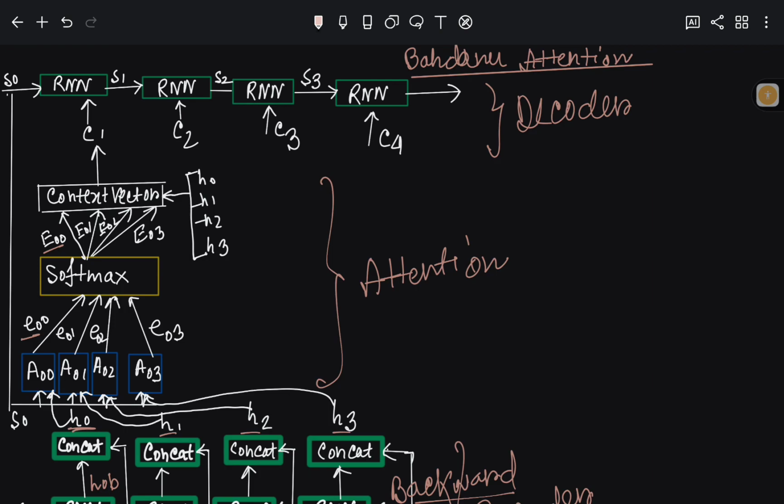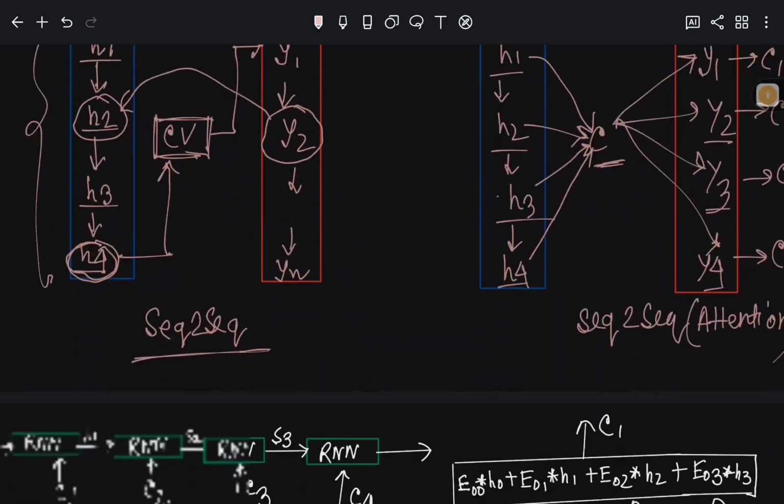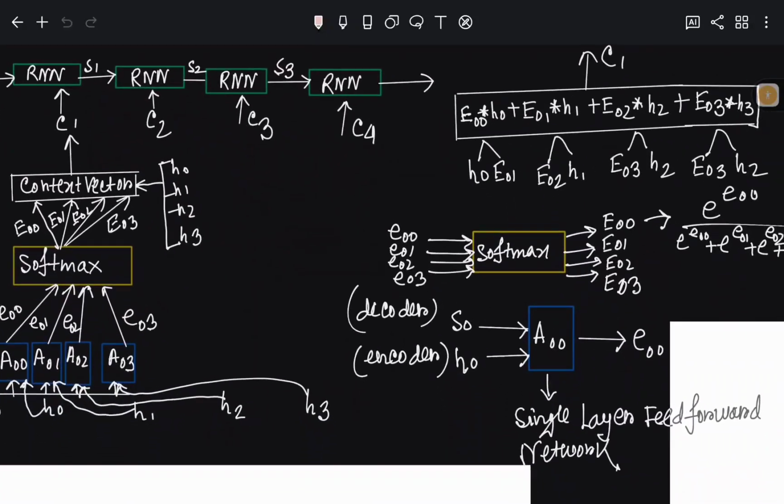We have three components being generated, and in the end we get C1. We start with the H, then we get the corresponding small e's, then the capital E's, and in the end we get the C. This is how the flow looks, but let's look in much more detail at how each of these mathematical steps works.